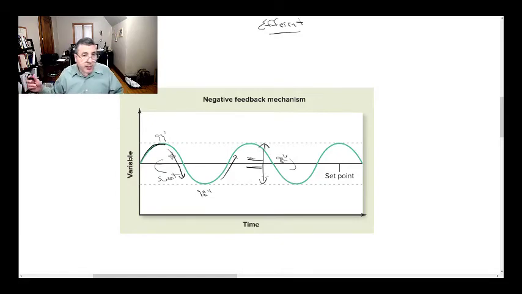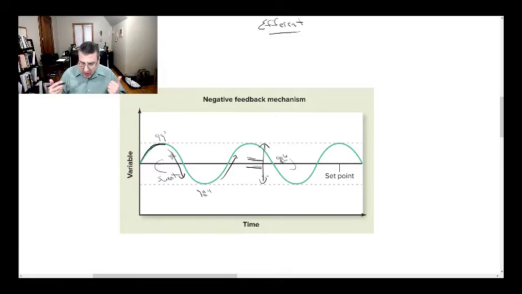Now, when we look at positive feedback, and I don't think I have a picture on this one, positive feedback basically increases the original stimulus. Now, there are only a few mechanisms in your body that are associated with positive feedback, and throughout the semester we'll talk about those. But if you're ever on a test and you just draw a complete blank, go with negative, and memorize the three or four different positive feedback loops.